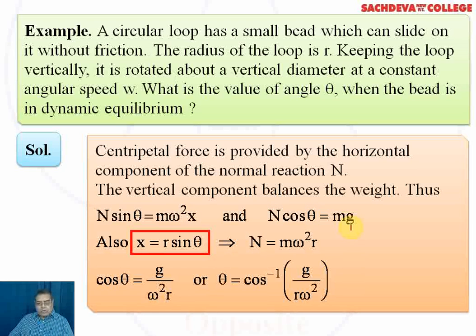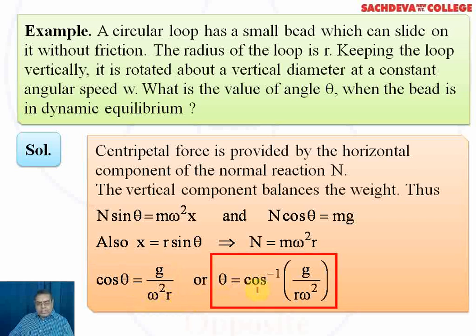Also, x is equal to R sin theta and N is equal to m omega square R. From this we get the value of cos theta, which is found to be g over omega square R, or theta is equal to cos inverse of g over R omega square.